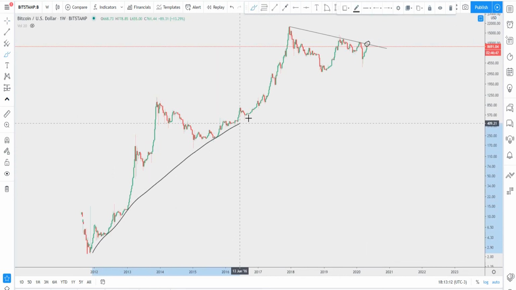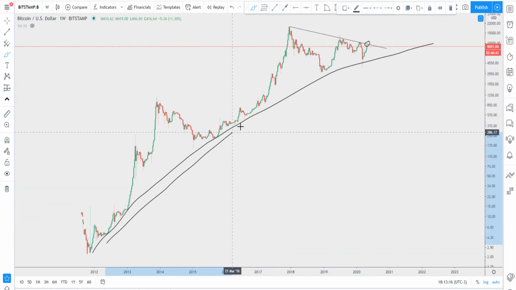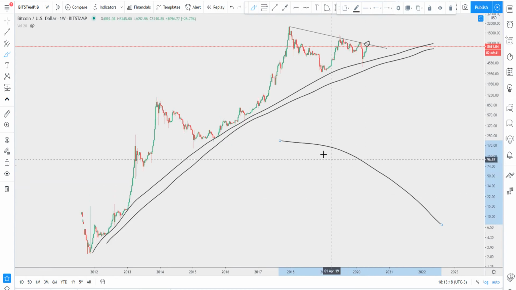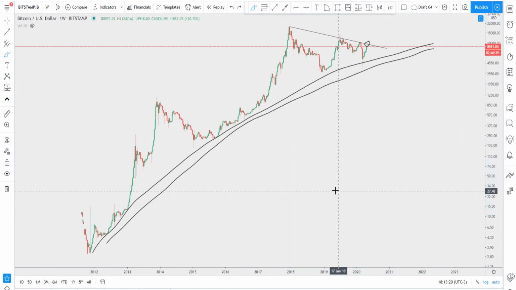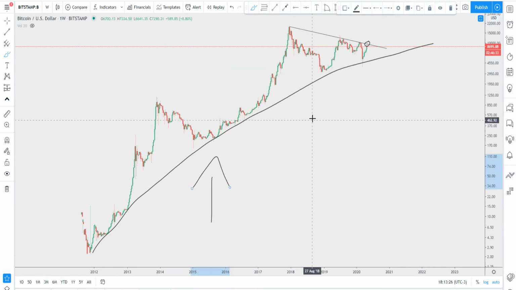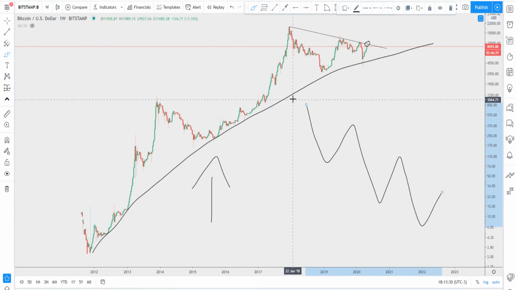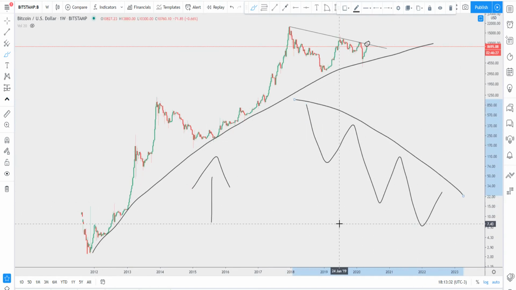This is a trend line, which marks the trend, a bull trend or a bear trend. So for the bull market, the trend line goes below, and for the bear market, the trend line goes above.